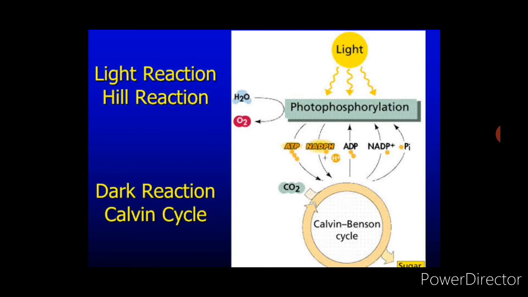Now this is converted into chemical energy. So these are the chemicals that have been converted, and these products of the chemical reaction are prepared in the thylakoid and move from the thylakoid to the stroma, that is, into the matrix of the chloroplast.